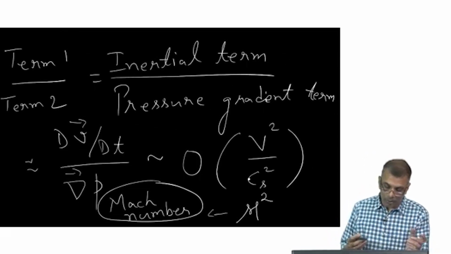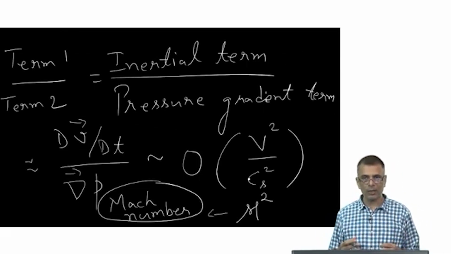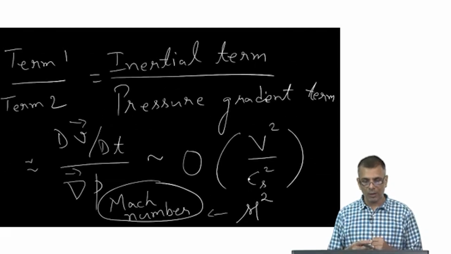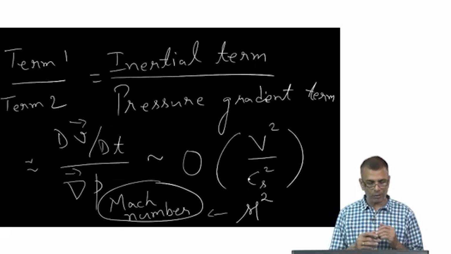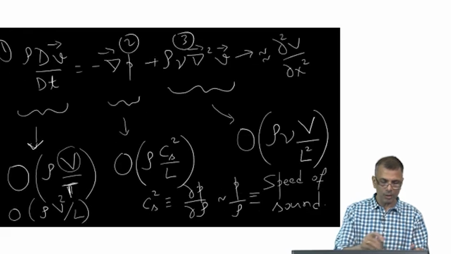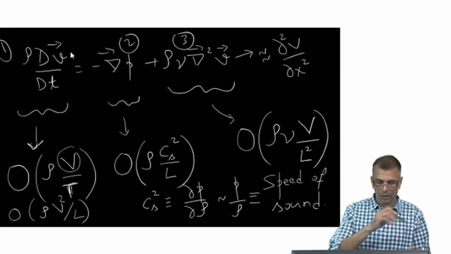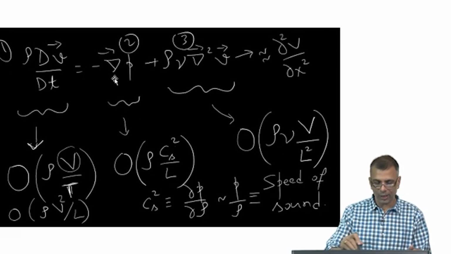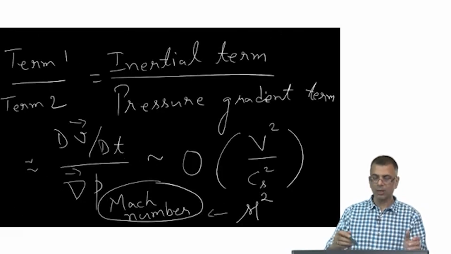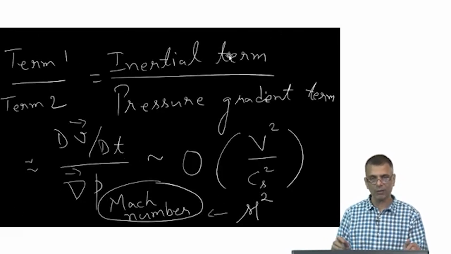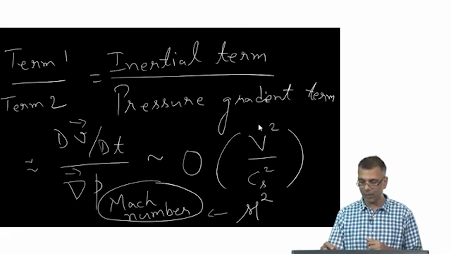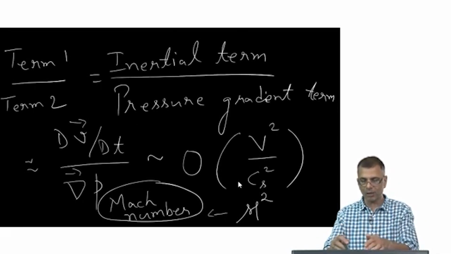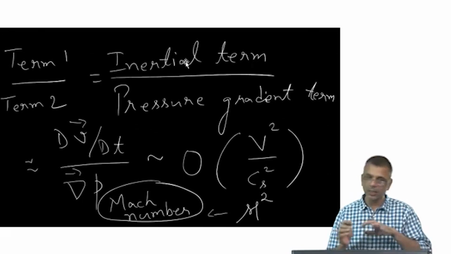But where did it come from? Why did I simply pop it on you? It came from this fact, it is the ratio of the first term in the Navier-Stokes equation to the second term, or the ratio of the inertial term to the pressure gradient term. So, clearly if the Mach number is large, that means the inertial term is more important than the pressure gradient term, and vice versa.